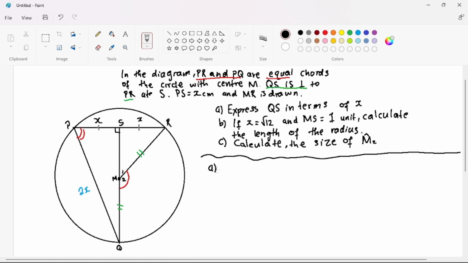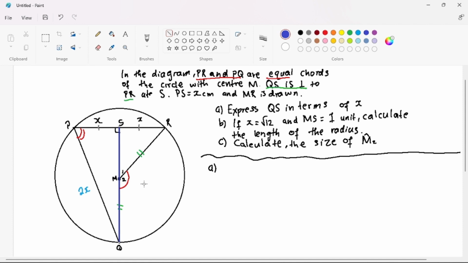So let's see A. Okay, A, they are saying express QS in terms of x. Actually, they are just saying express this blue line in terms of x.